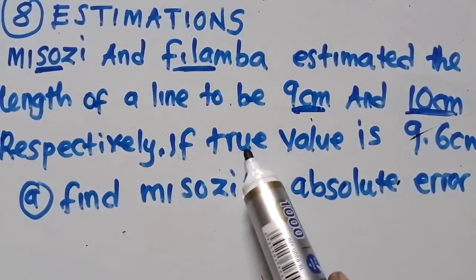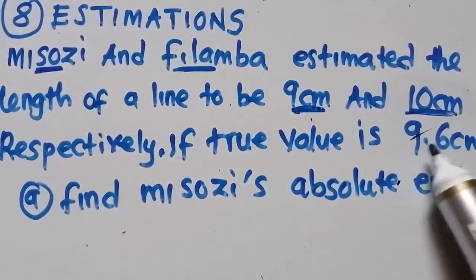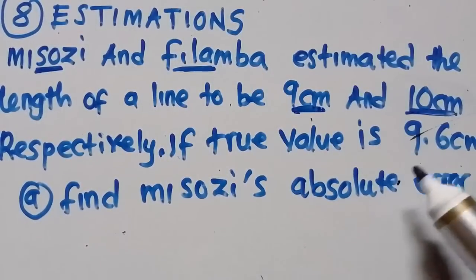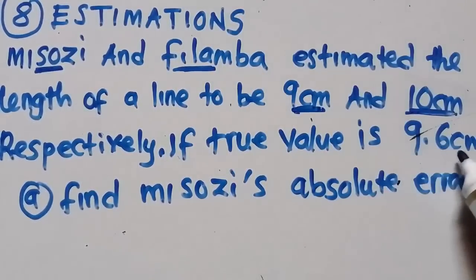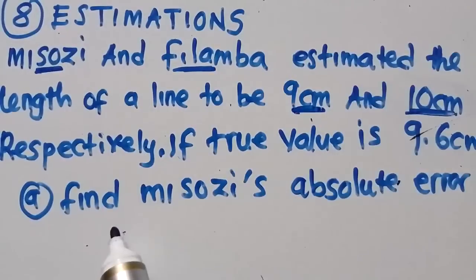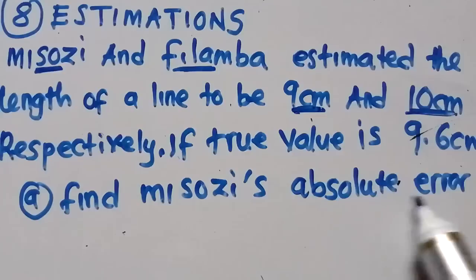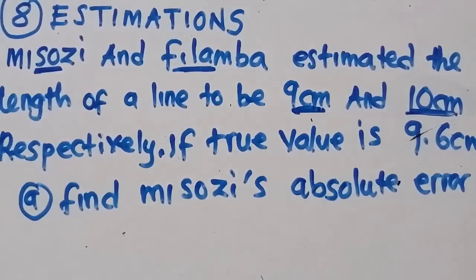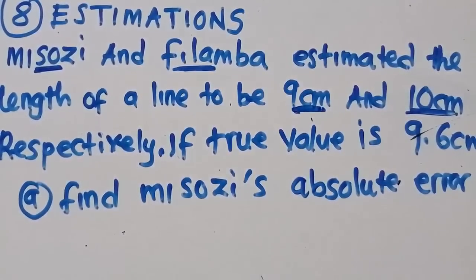The true value is 9.6. The first question asks us to find Misozi's absolute error. How are we going to find it?